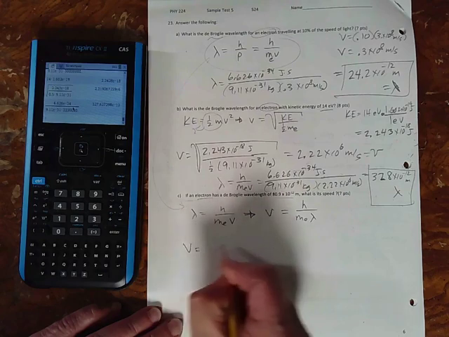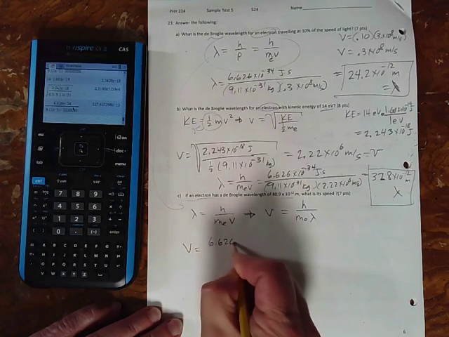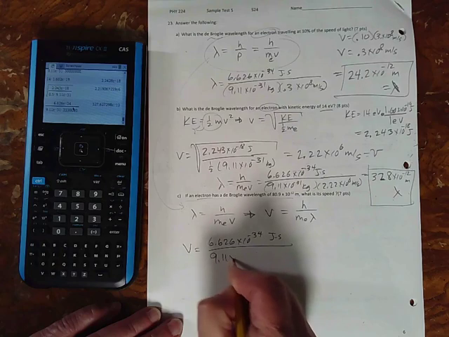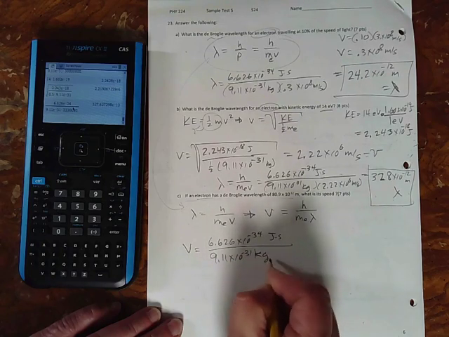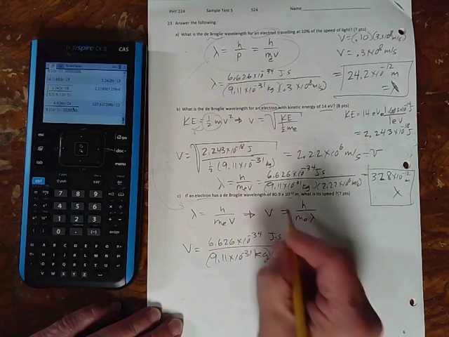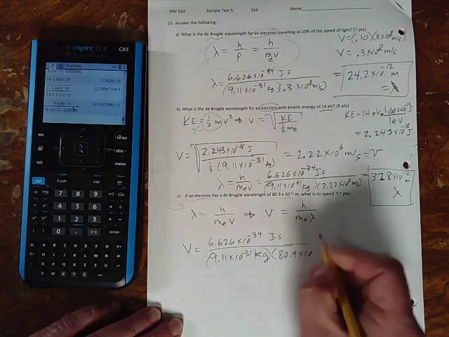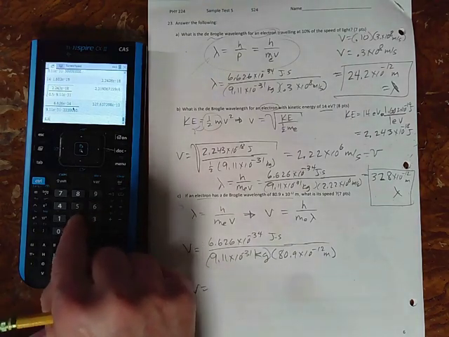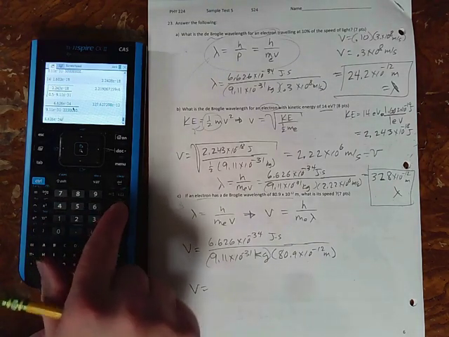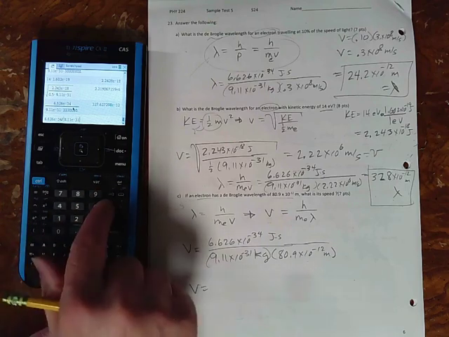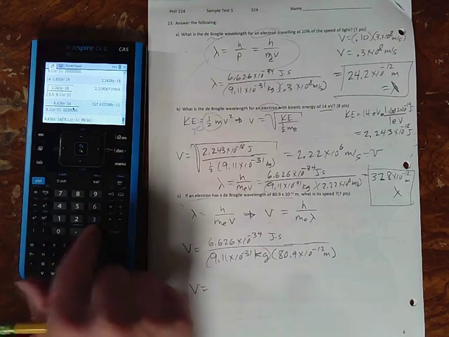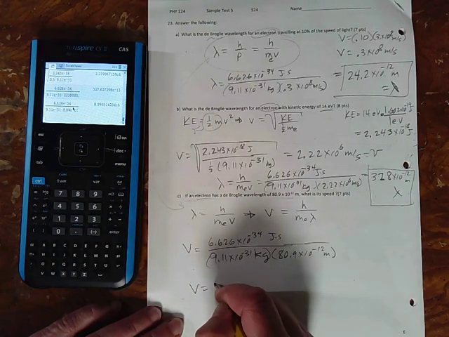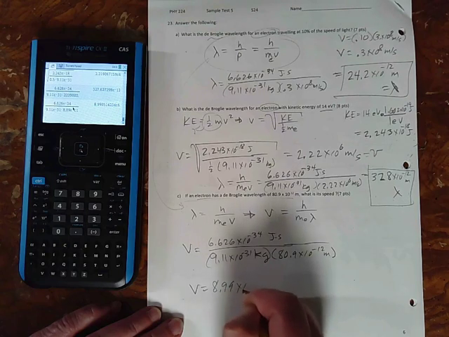And so our velocity is h, 6.626 times 10 to the negative 34 joule seconds, divided by the mass of an electron, 9.11 times 10 to the negative 31 kilograms, and the lambda, 80.9 times 10 to the negative 12 meters. So our velocity is 8.99 times 10 to the 6th meters per second.